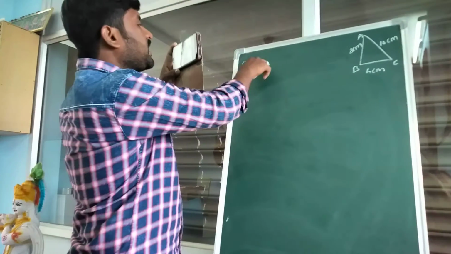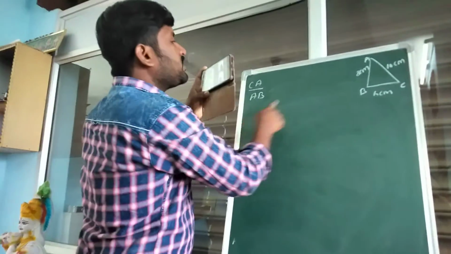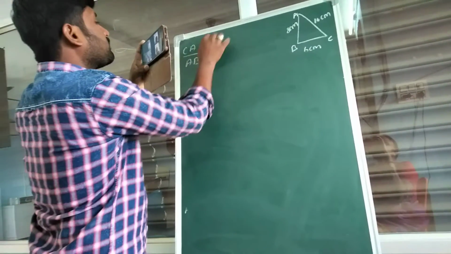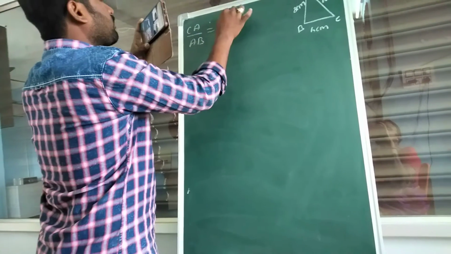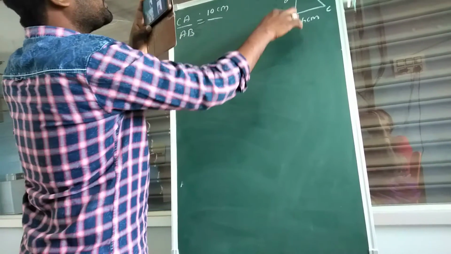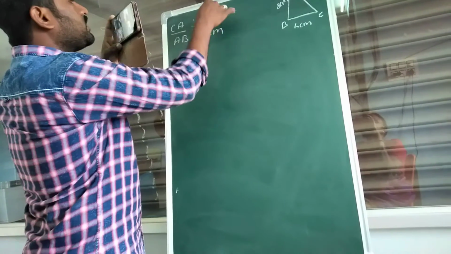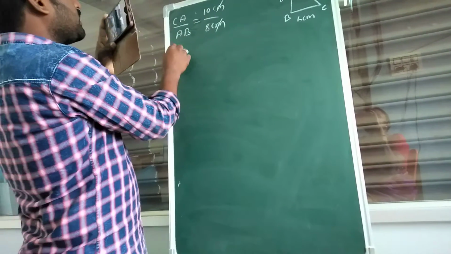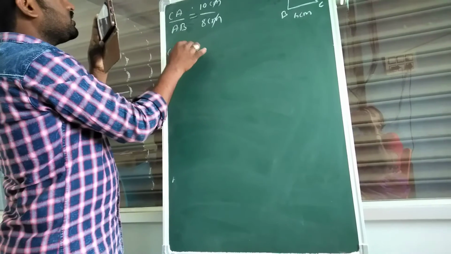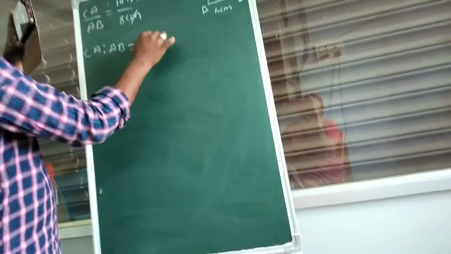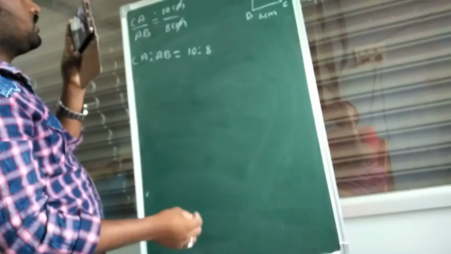Now CA by AB. CA means what? CA means 10 centimeters by AB means what? That is 8 centimeter. Centimeter cancel. Then we can write it as CA is to AB is equals to 10 is to 8.